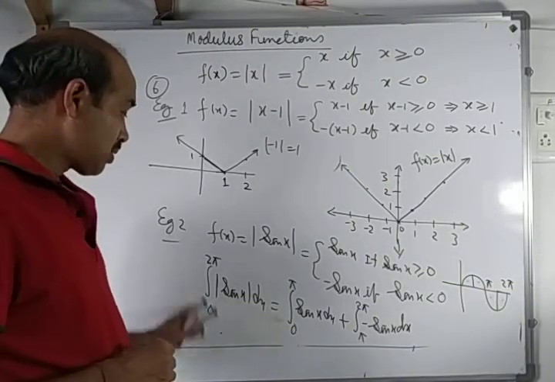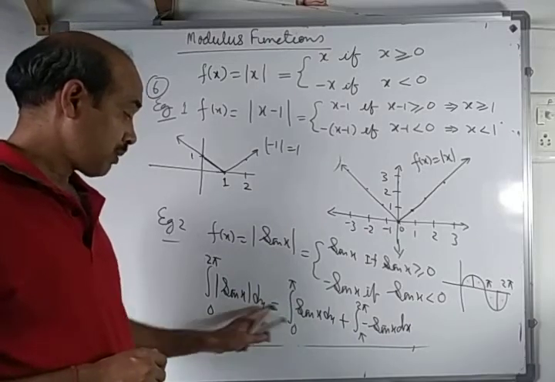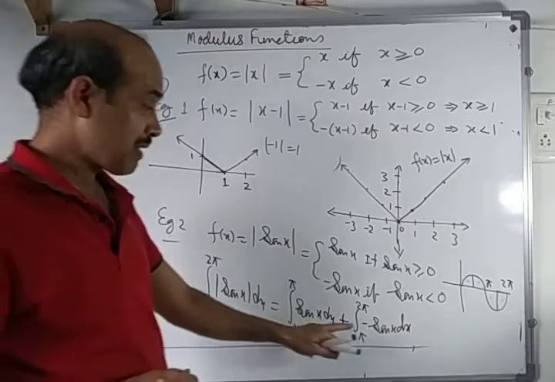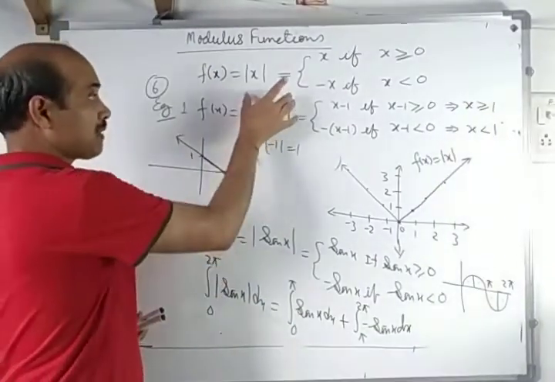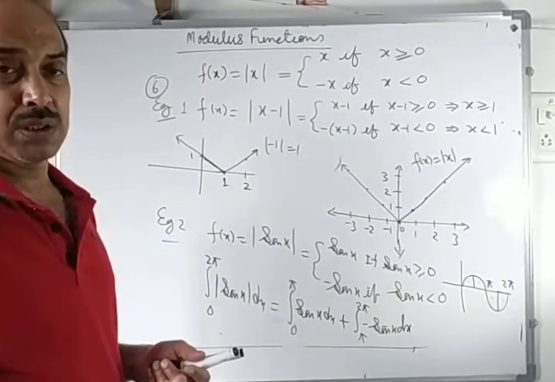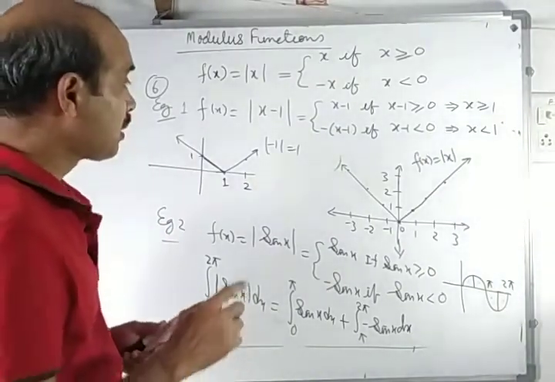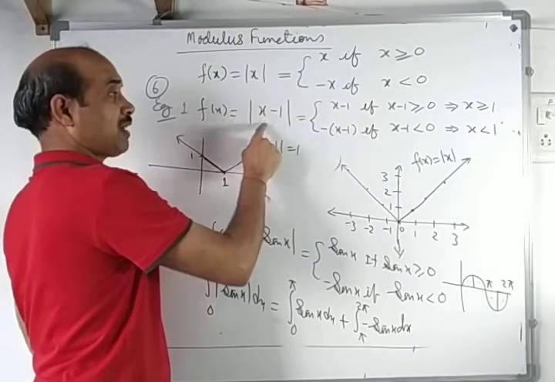Mod sin x from 0 to 2 pi will be split into 0 to pi, where it is positive we will have sin x only, when it is negative we will write minus sin x. It means the modulus symbol can be removed by knowing where the function is positive and where it is negative.